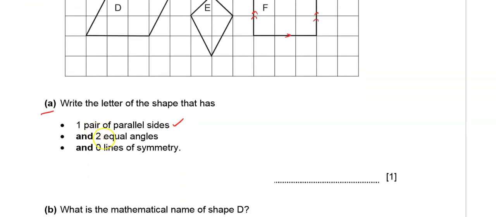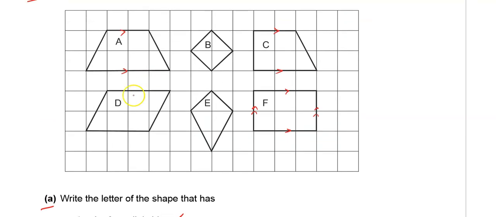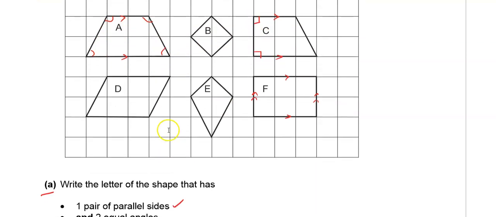And 2 equal angles. In A there is no angle that is equal to another. But in C this angle is 90 and this angle is 90. Of course these other angles are not equal.